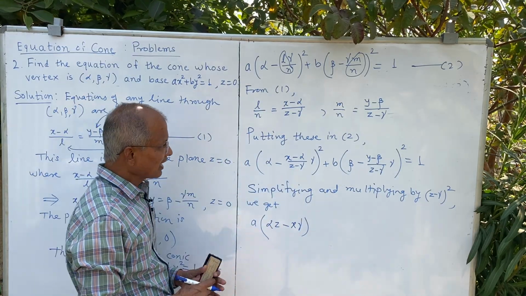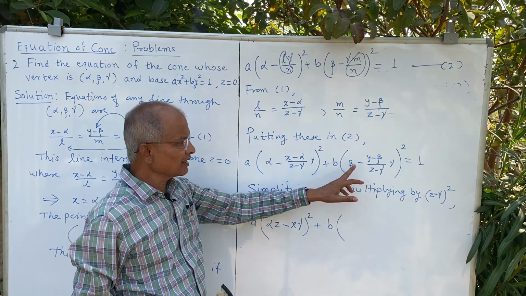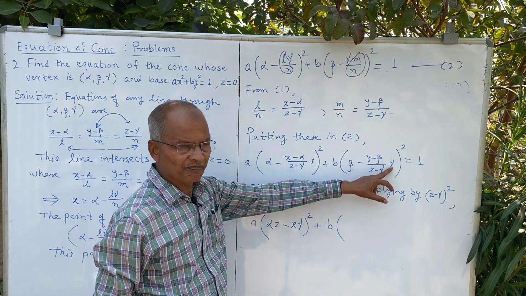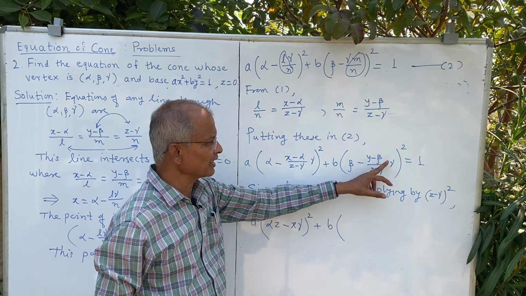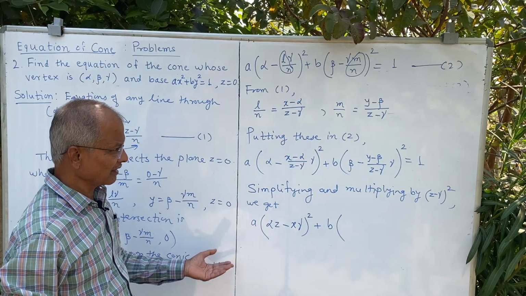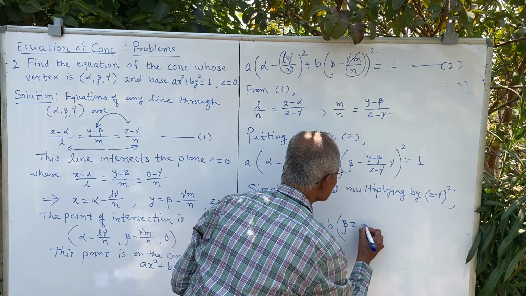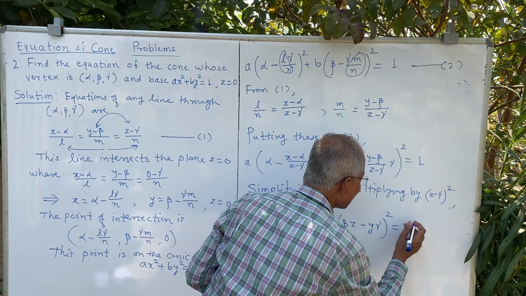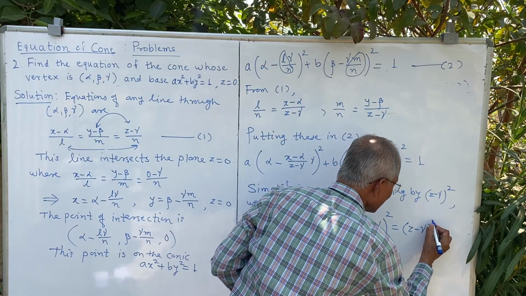So, it eliminates, but this square remains, plus b into, now in the second bracket cross multiply, it is beta z minus beta gamma minus y into gamma. And this minus beta into gamma plus beta into gamma cancels, same as in the earlier problem's solution. So, it is beta z minus y into gamma whole square, and we are multiplying by z minus gamma square. So, on the right side it is z minus gamma whole square.